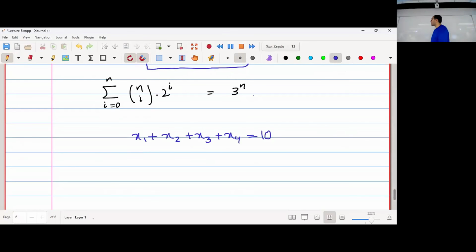So I just have this equality. And if I say that my values of x are real numbers or integers, then I will have infinitely many solutions. But I want to ask, how many solutions do I have if all of my xi's have to be natural numbers?